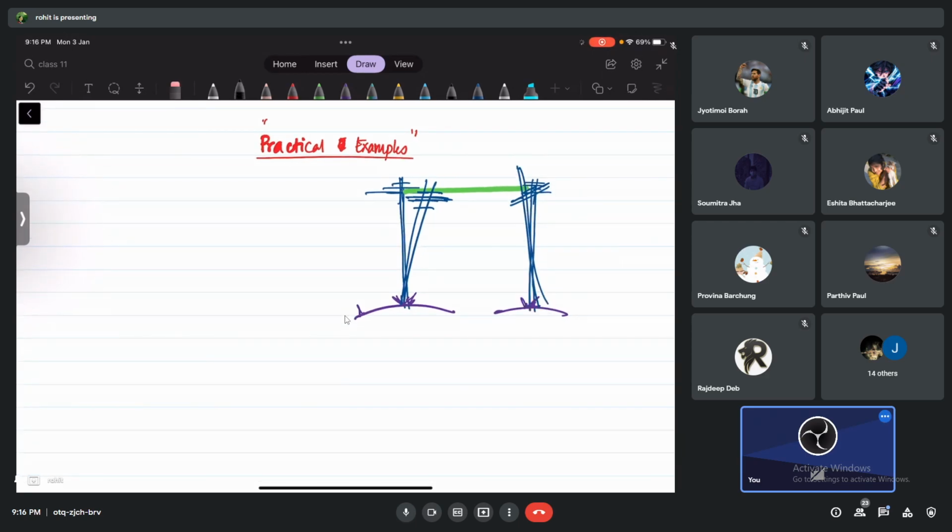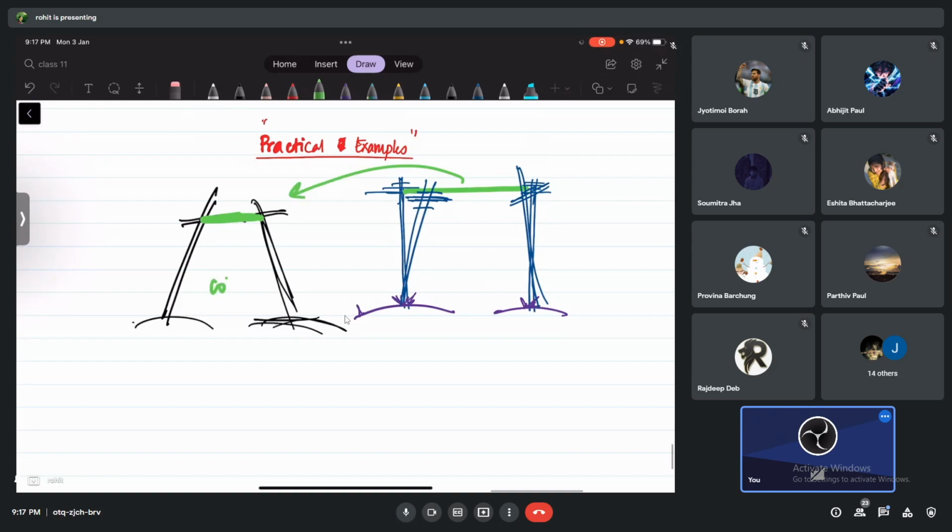If the cables contract, the poles will start bending, right? I think you can understand my diagram. This will happen in cold weather. Did you understand this, guys?